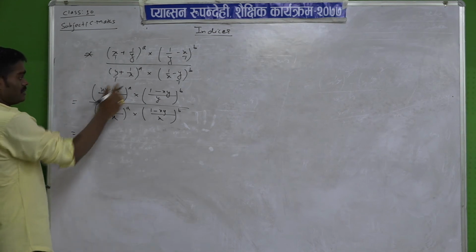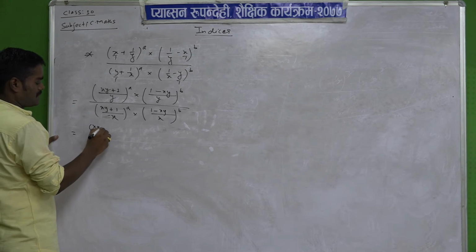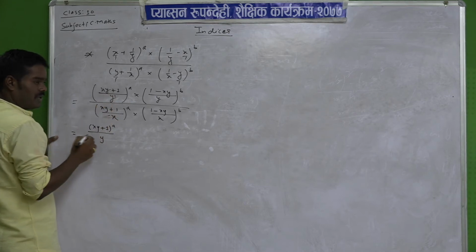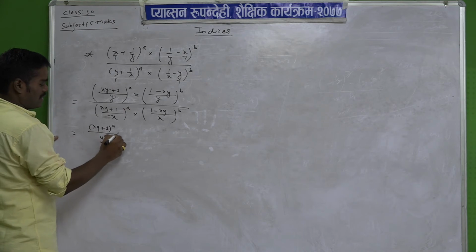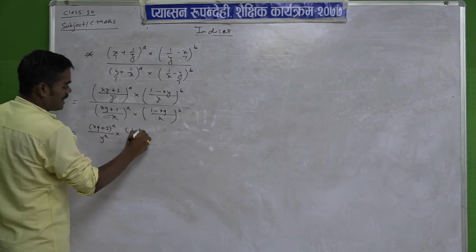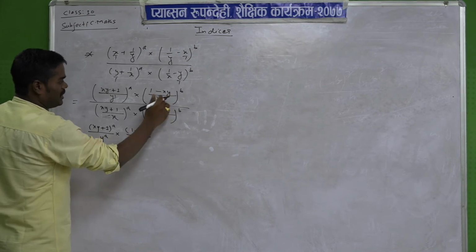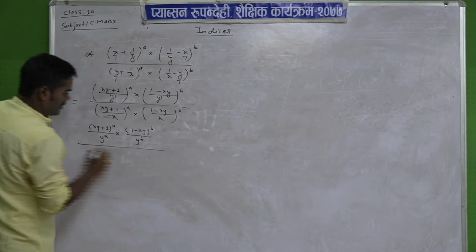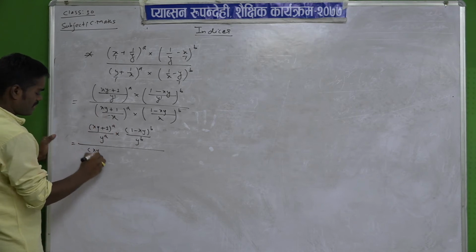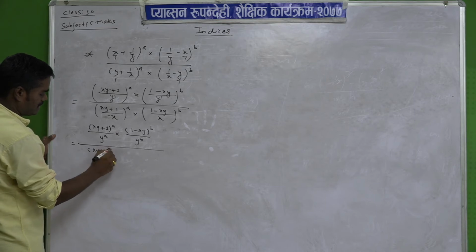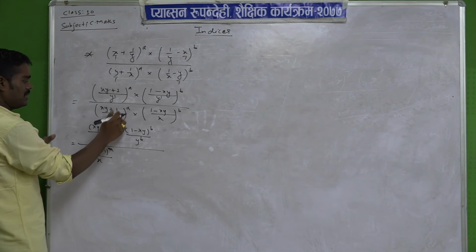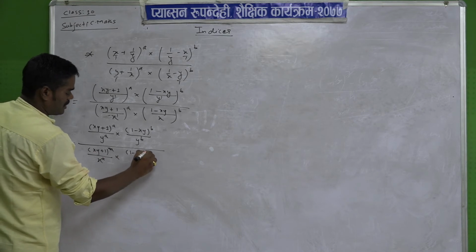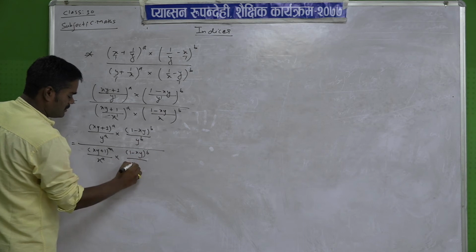Here we can write like this: (xy plus 1) power a over y, and the power of y is 1, so a into 1 is a; and (1 minus xy) power b, the power is 1, so b into 1 is b; whole upon, here also (xy plus 1) whole power a over x, the power of x is 1, so a; and (1 minus xy) whole power b, b into 1 is b.